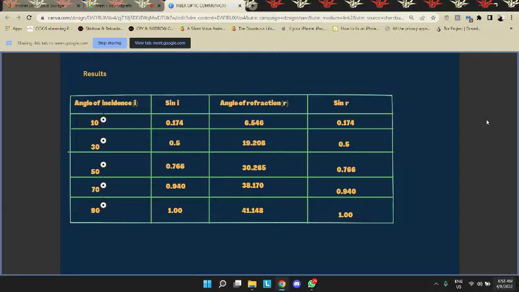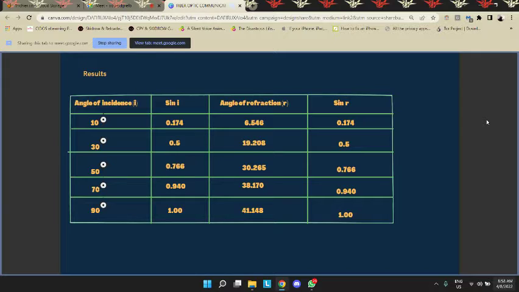Second is 30 degrees. Sin i is 0.5. Angle of reflection is 19.208 and sin r is 0.5. For 50 degrees, sin i is 0.766. Angle of reflection 30.265 and sin r is 0.766.